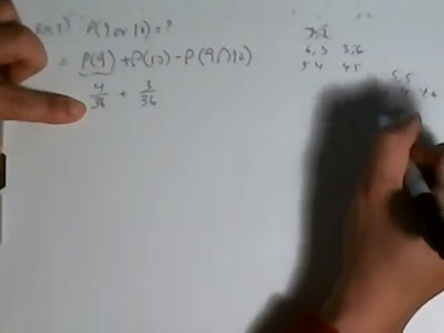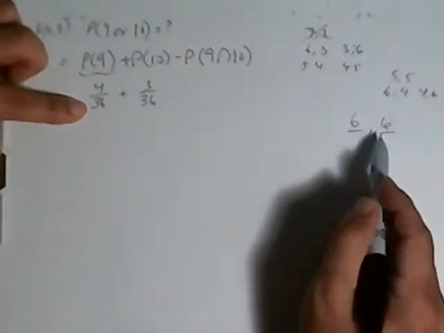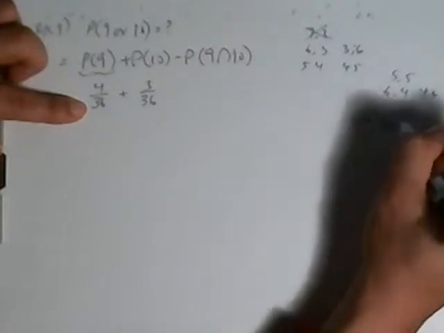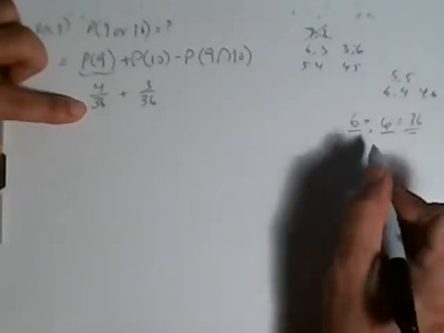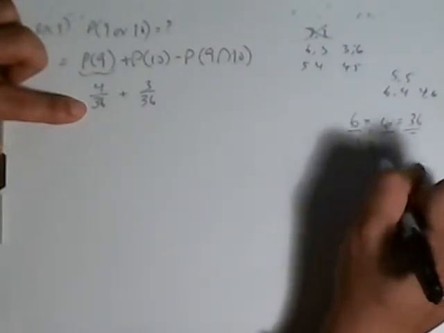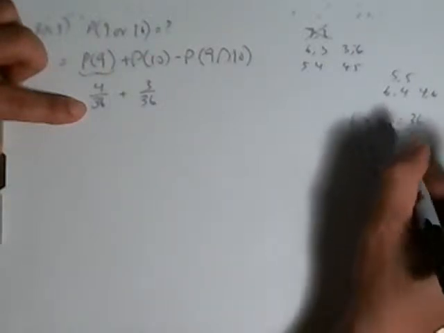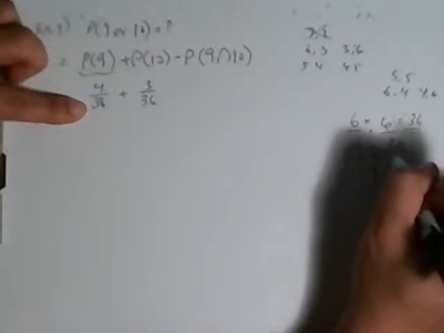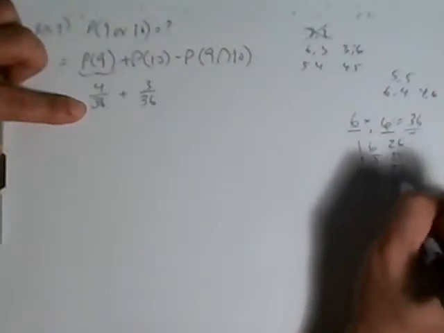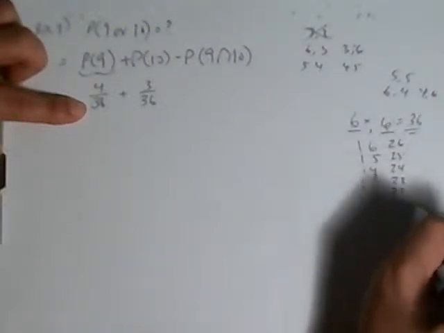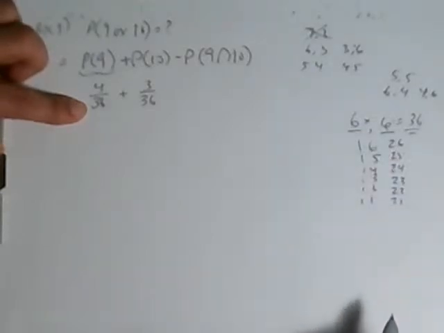The second roll, you can have 6 as well. So 6 times 6 is 36. So you can have 1,6, 1,5, 1,4, 1,3, 1,2, 1,1, and then 2,6, 2,5, 2,4, 2,3, 2,2, 2,1, and so on. And so you will have a total of 36 events possible.